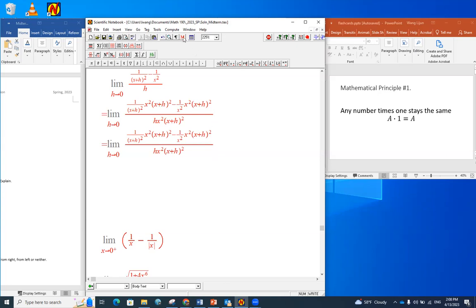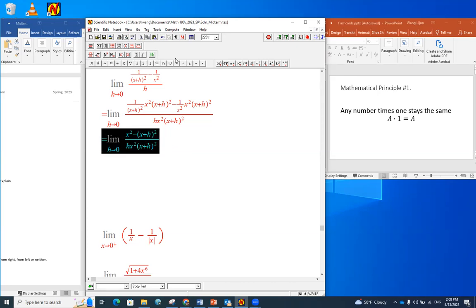This step is actually optional if you've done the work: (x plus h) squared reduced with 1 over (x plus h) squared, and x squared multiplied by 1 over x squared equals 1. So that's the next step. All right, this step can be omitted.